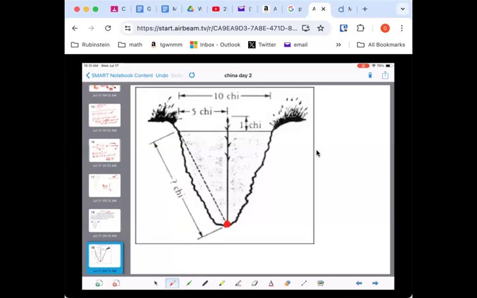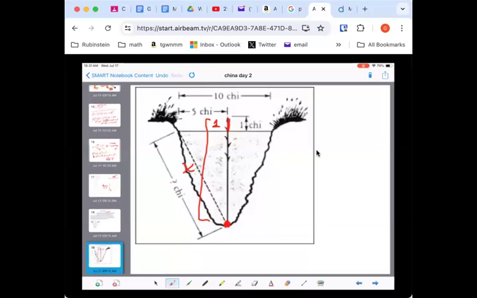It's sticking out by 1 chi. So that little amount is just 1. And they want to know how big is the reed. In other words, they want to know how big is this entire reed.